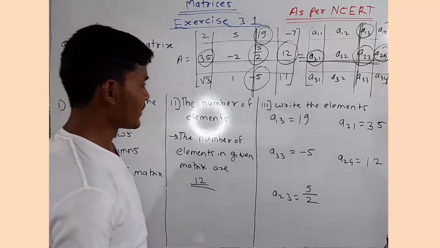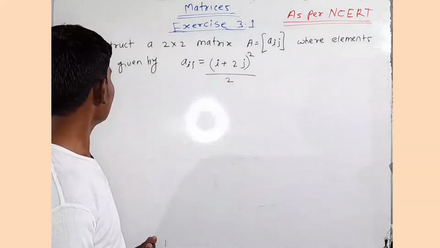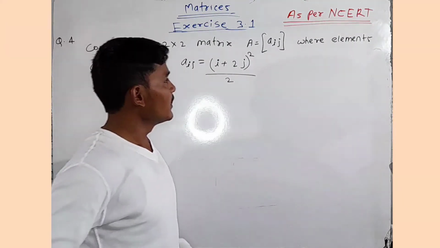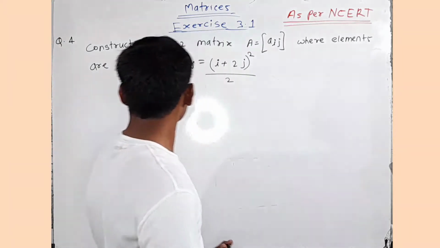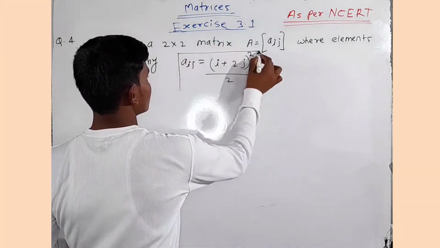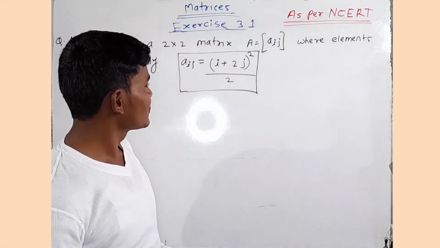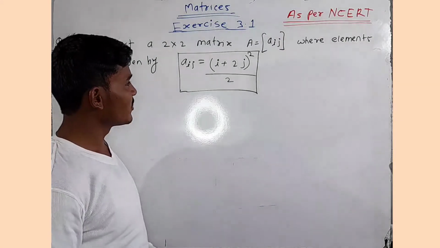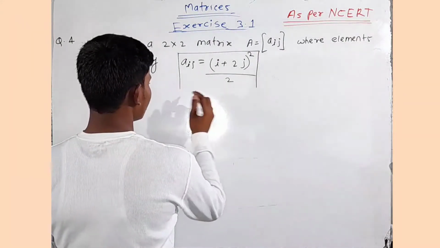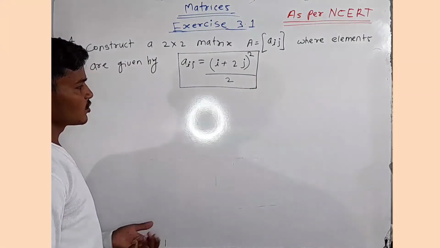Okay, then next, the second question: construct a 2 by 2 matrix A equals Aij, where the elements are given by Aij equals (i plus 2j) whole square divided by 2. So we have to construct a matrix of order 2 by 2.